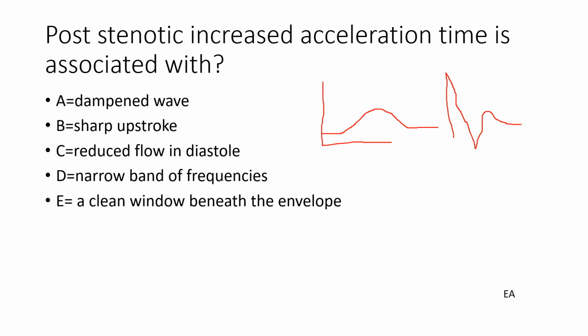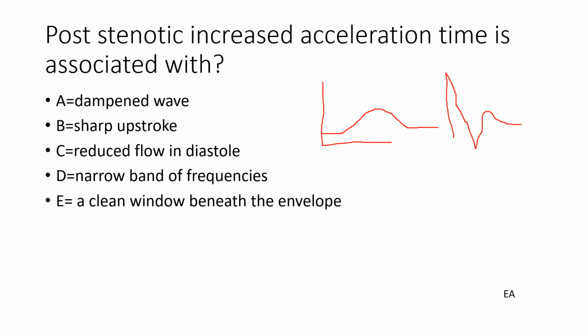So it is with a dampened wave, lower velocity. Sharp upstroke is like this. Reduced flow in diastole? No. Reduced flow in diastole is with normal extremities. After stenosis, we have high diastole, because for comparison, the vessels are dilated. Narrow band of frequencies? No.